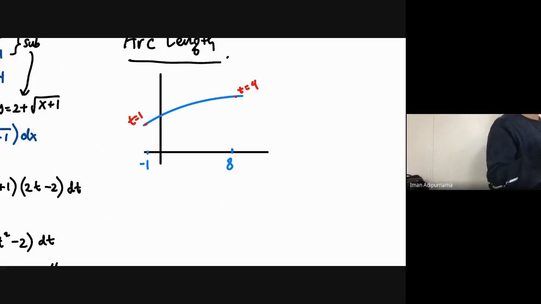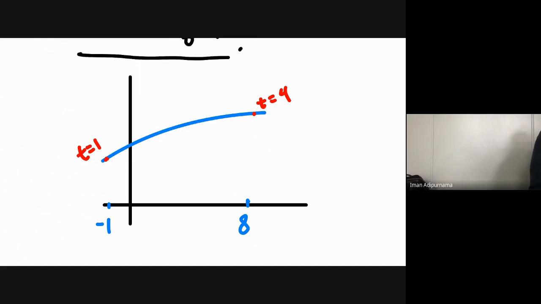Now the arc length, I hope you still remember how to find the formula. If you forget the formula, you can draw a random line in the graph, draw a tangent line at any point, and draw the triangle. So maybe here, I'll draw the tangent line. I will mark this dx, dy, and dl.